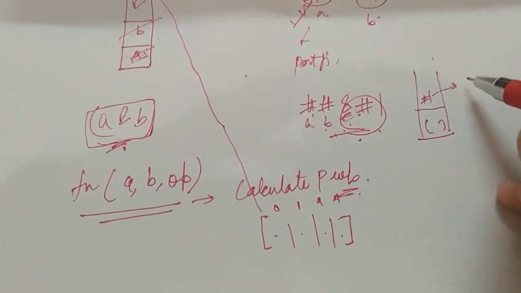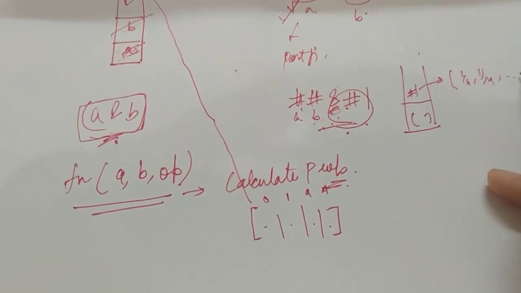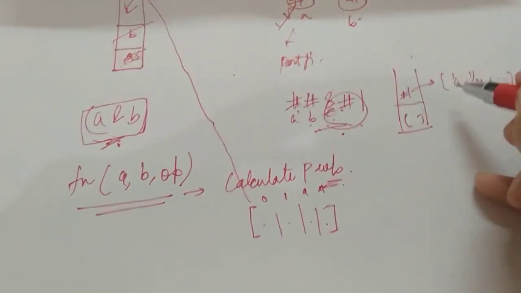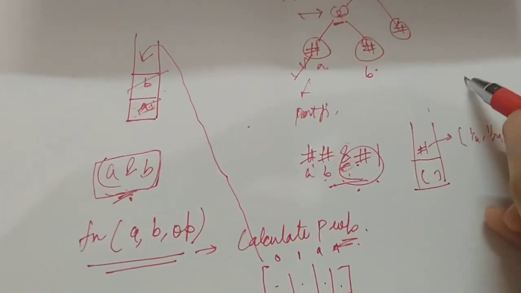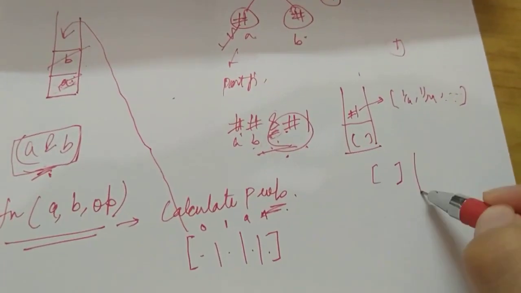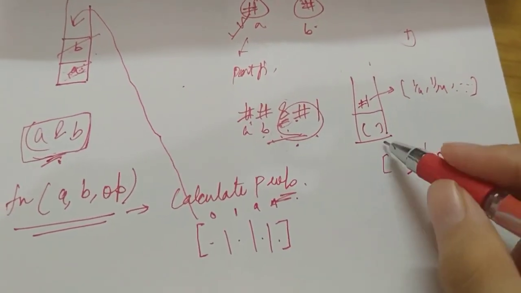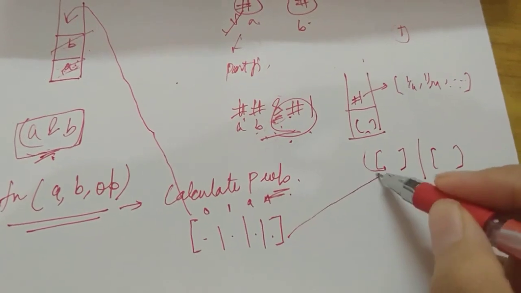This hash itself is an array of 1 by 4, 1 by 4, 1 by 4, 1 by 4, and then we encounter OR, this array OR this hash.